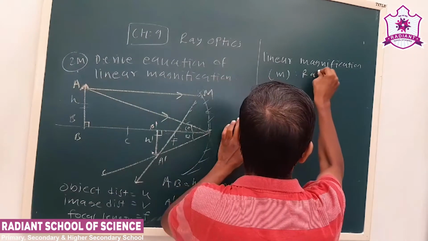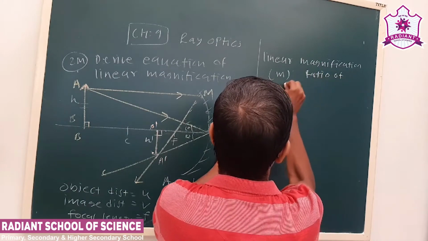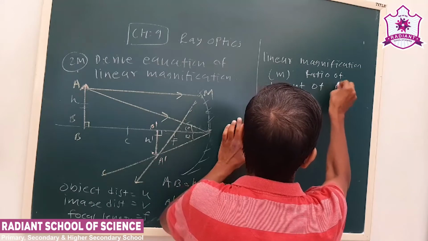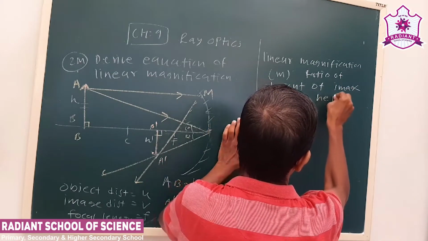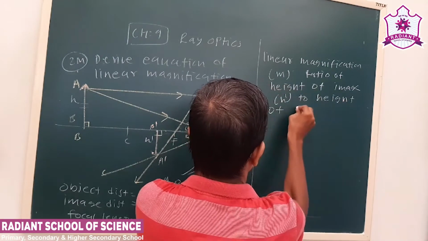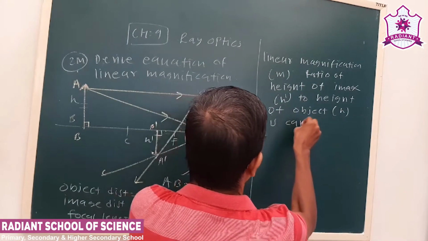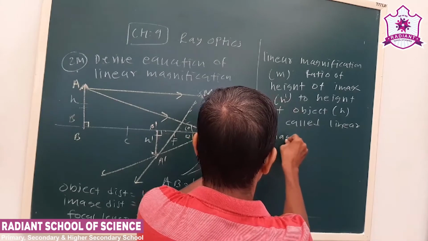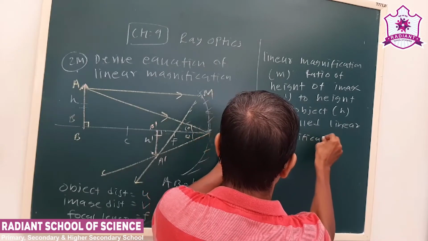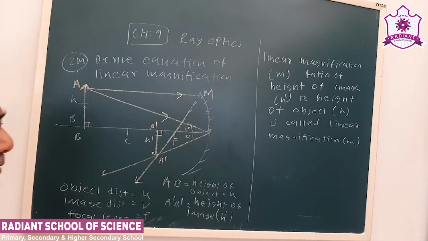The ratio of the height of the image to the height of the object is called linear magnification.